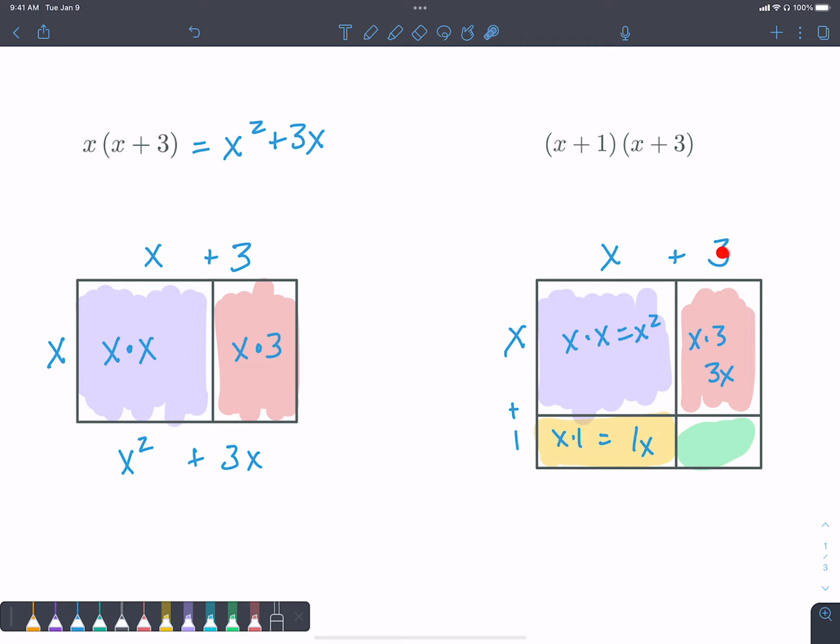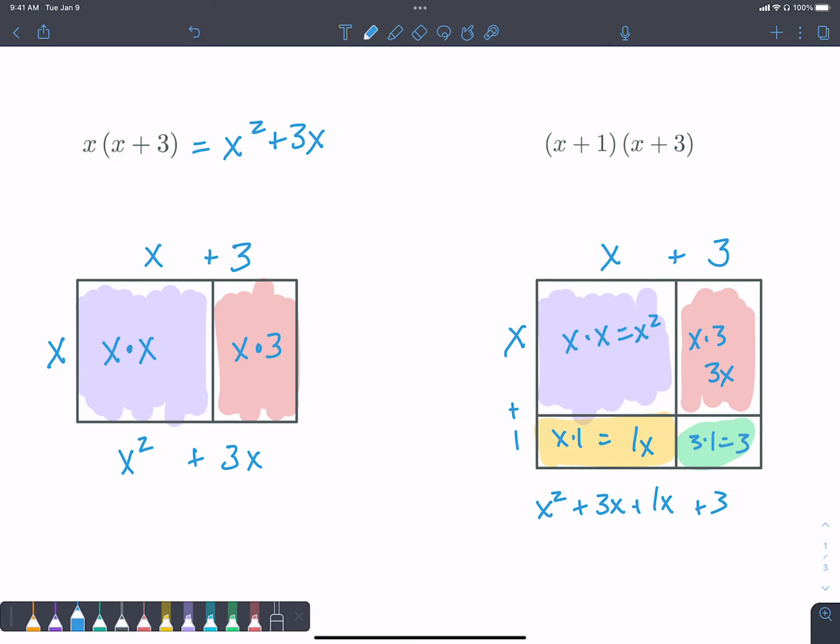And then finally, 3 times 1 is 3. So now I'm going to add all of these end results together. I'm going to start with x squared plus 3x plus 1x plus 3.